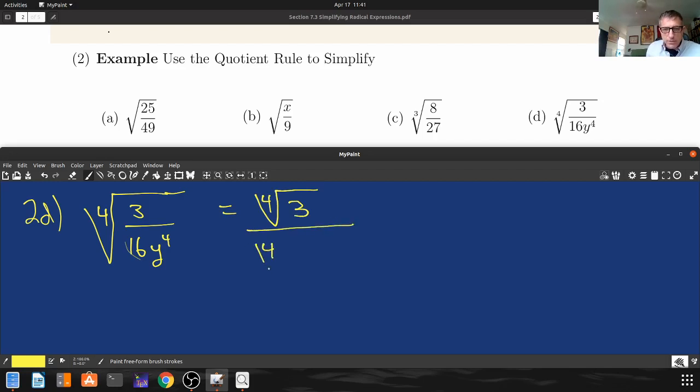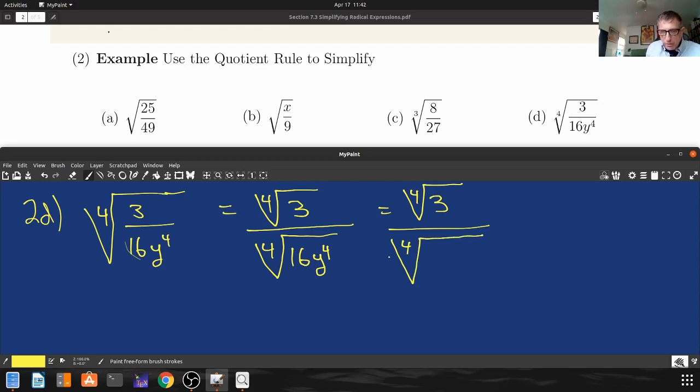And this is the fourth root of 16y to the fourth. Well, as stated, we can't do anything with the numerator, but I can write, using the power of a product rule, I'll just do this in steps. 16 is equal to, sorry, not equal to 4, but rather 2 to the fourth times y to the fourth.